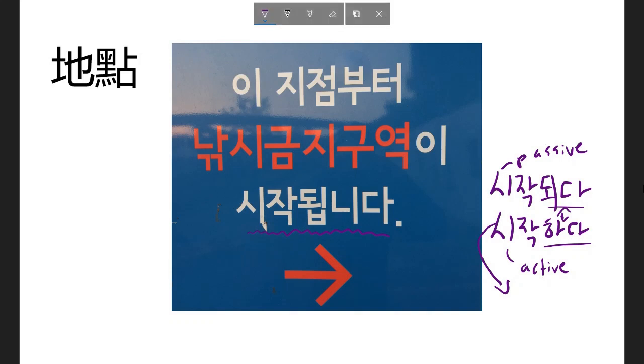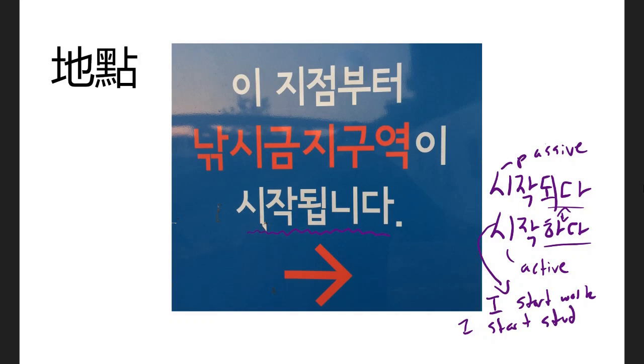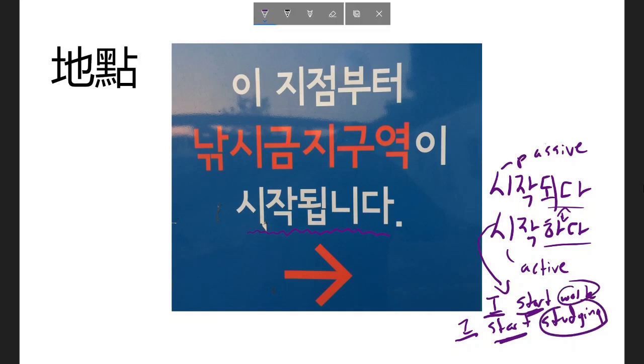So for example, if I wanted to say, I start work, or I start studying, in that case you have in both cases a subject doing a verb, and the verb is in both cases work, and studying is actually a noun, even though they kind of look like verbs in this case, because to study and to work are verbs. But in this case, the noun of work and the noun of studying, in both cases, you're starting those things.